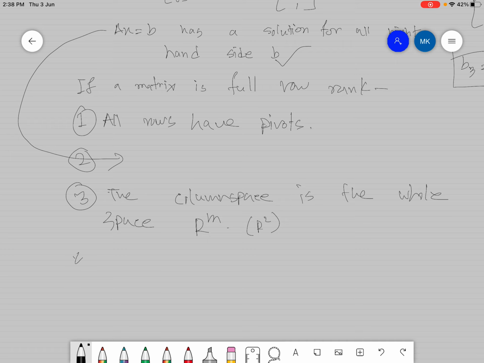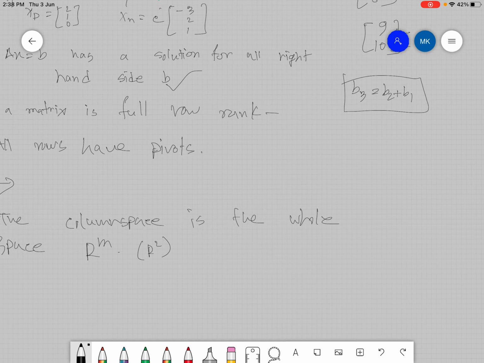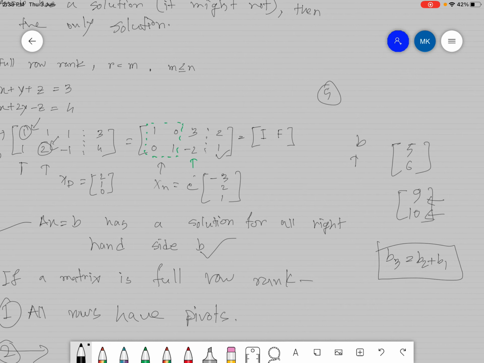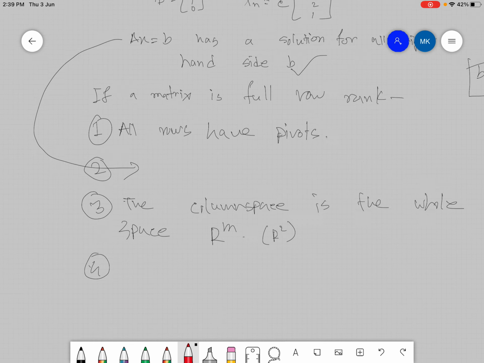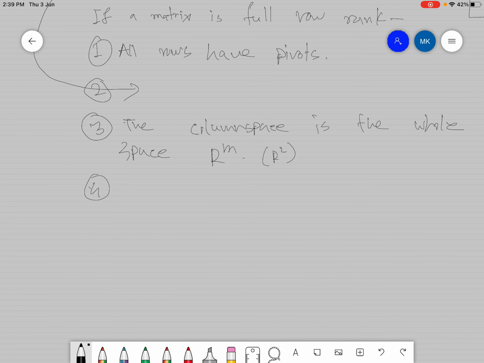And what about the null space? The null space is not empty, because there are free columns here, as you can see, this is a free column, and this one is a free column here. So as there are free variables, how many free variables?